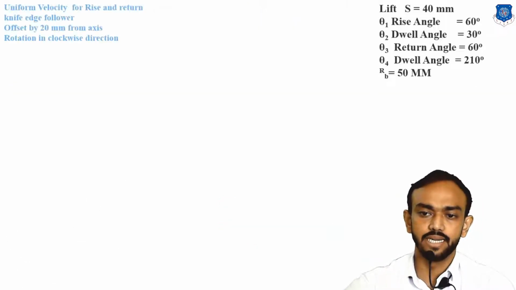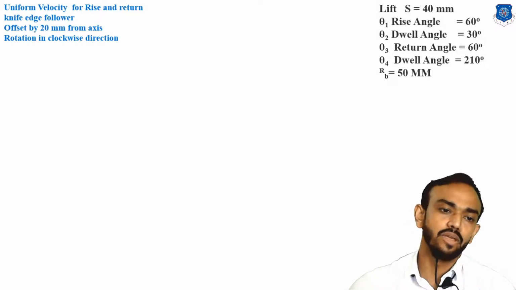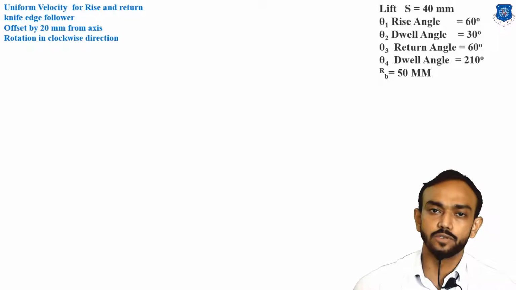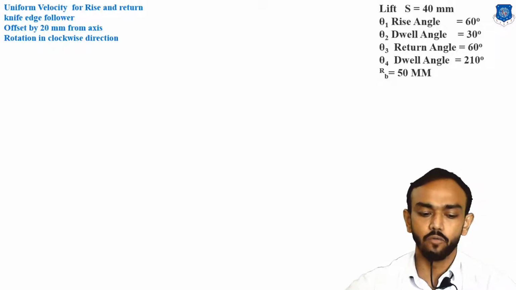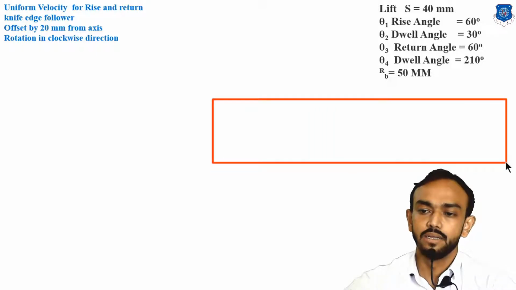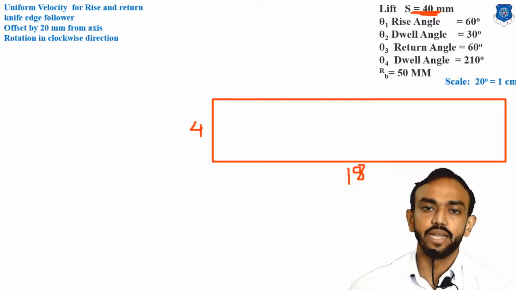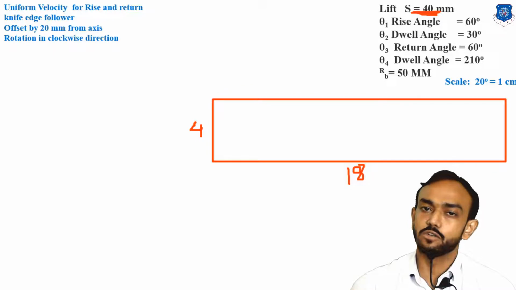These are the data we already know. Now first of all we have to make the displacement diagram as per uniform velocity, and you already know how to draw it. There will be a rectangle whose length will be 18 and whose height depends on the rise or lift. Lift is 40, so 4 centimeters, because we have taken the scale of 20 degrees equal to 1 centimeter.